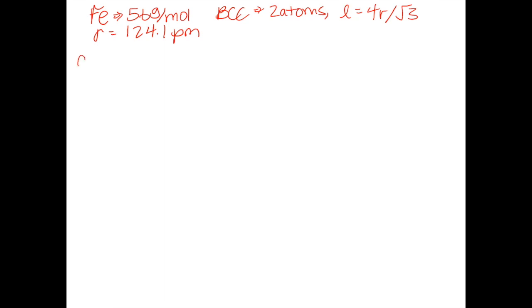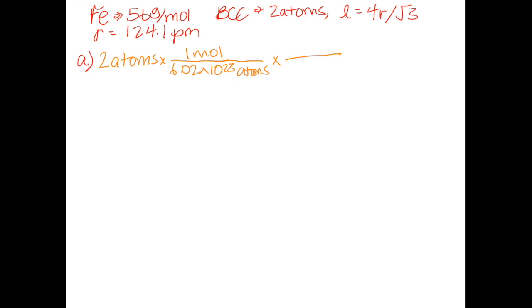Okay, let's solve for A. So you start with 2 atoms. I need to convert atoms to moles, and you do that using Avogadro's number, which is atoms per 1 mole. That was from Gen Chem 1, just a conversion factor to get from particles or molecules or atoms to moles.